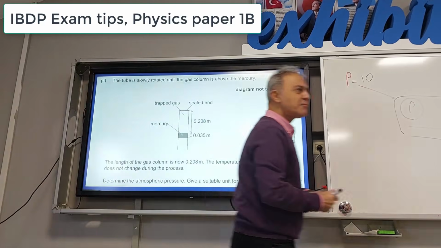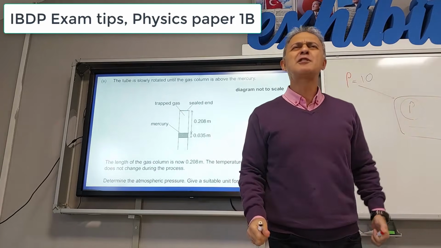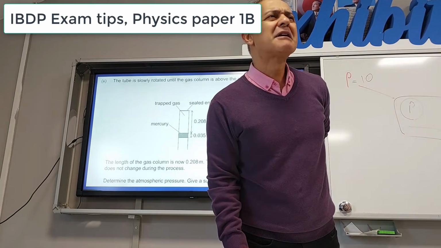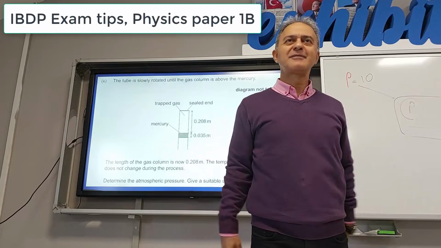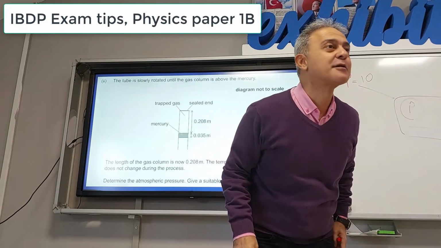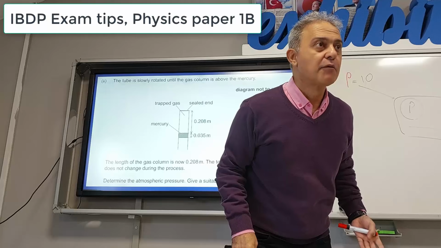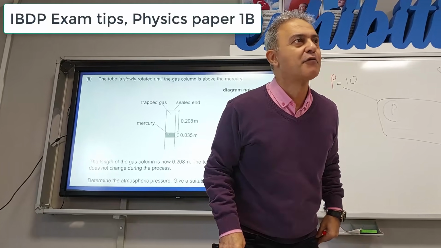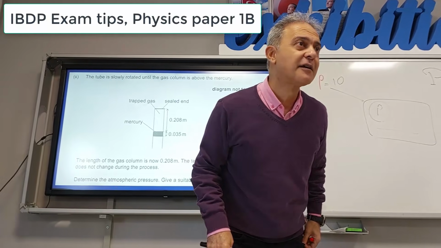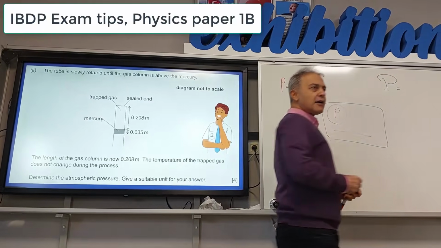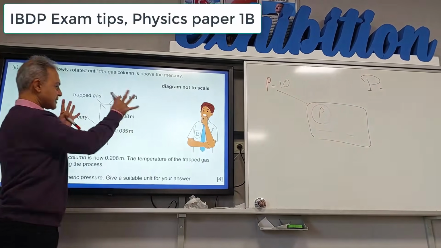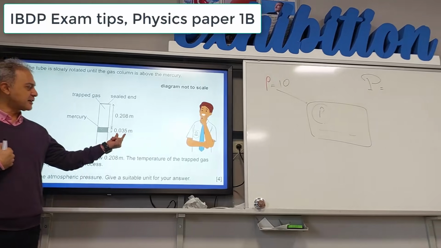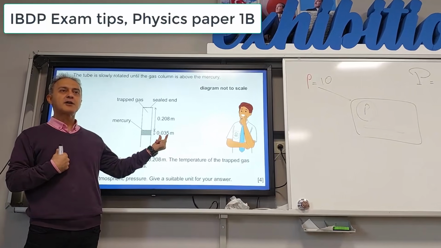So pressure must be something. How much is the atmospheric pressure? 1.0. No, almost. 1 what? Atmosphere. Well, no, 100 kilopascal. 1 atmosphere or 100? Okay, 1 atmosphere. There are some quantities there. Look at this quantity, 0.0.